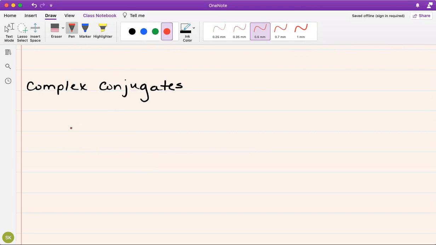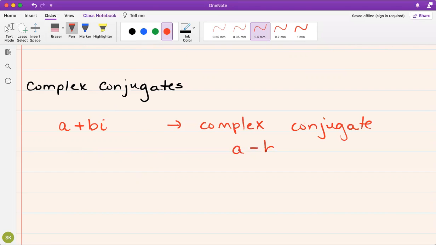So if you have a number that's a complex number, a plus bi, the complex conjugate of it is a minus bi. So for example, 2 plus 3i, the complex conjugate is 2 minus 3i.